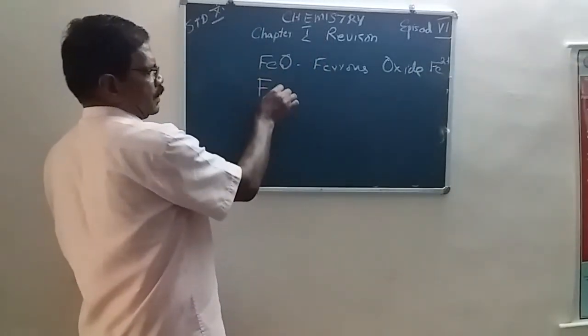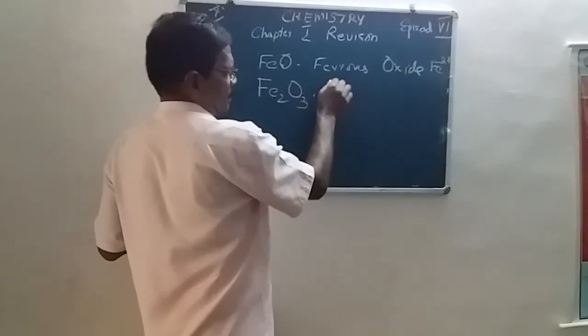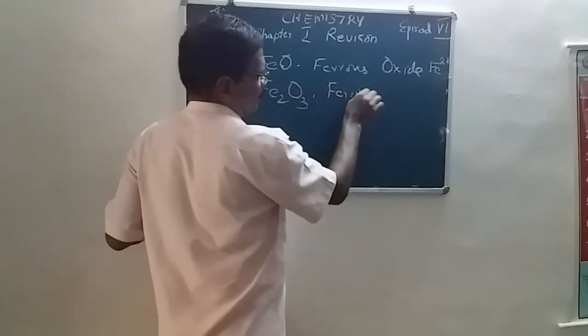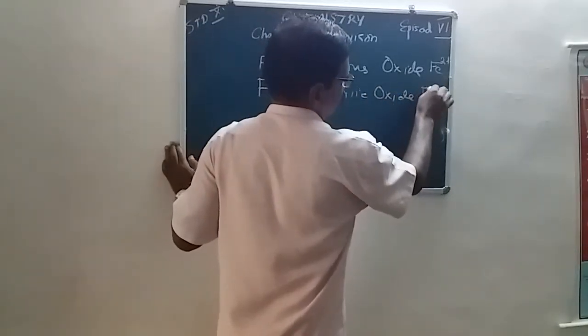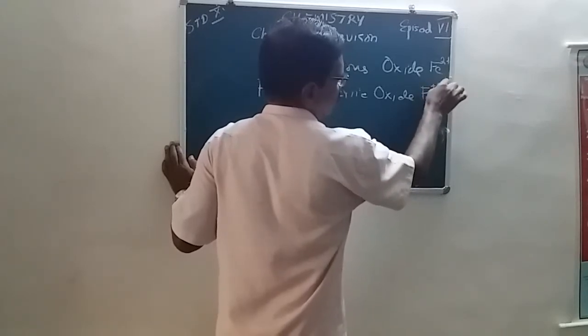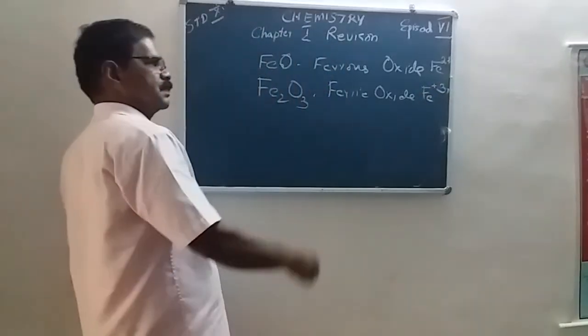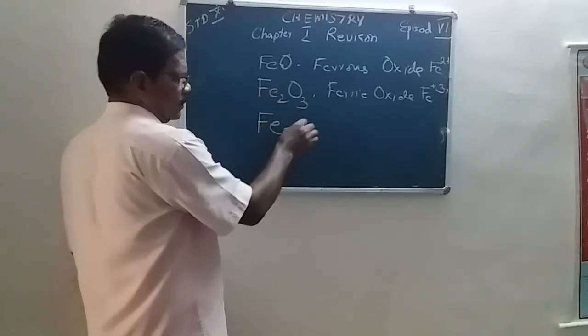Similarly, ferric oxide, Fe2O3, in which iron is in the positive 3 oxidation state. Then in your textbook, Fe3O4.